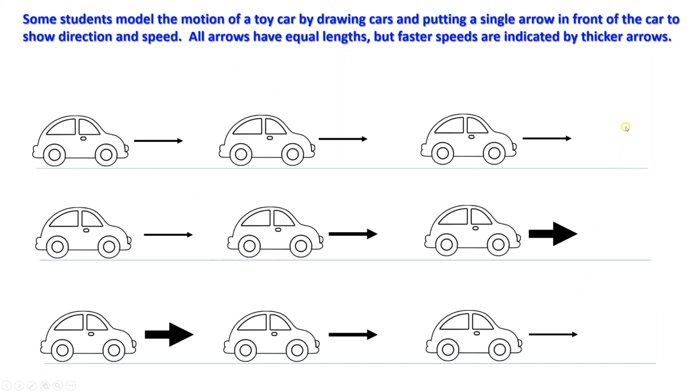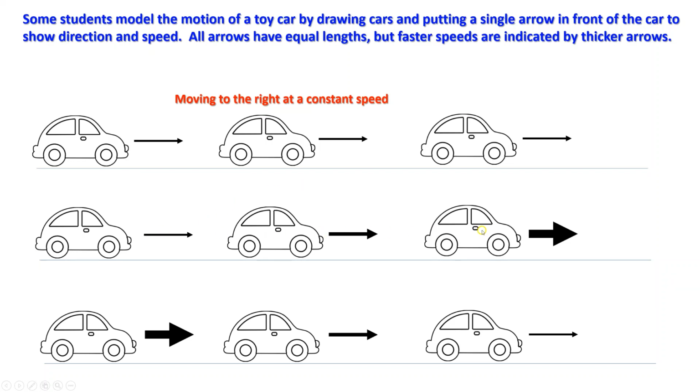Another way to model the motion of the car is to put a single arrow in front of the car to show its direction and speed. The arrows would have equal lengths, but the faster the car is going, the thicker you would draw the arrow. In the top row, the car is moving to the right, the arrows are staying identical, so that's a constant speed to the right.